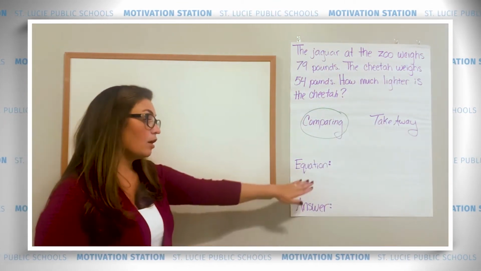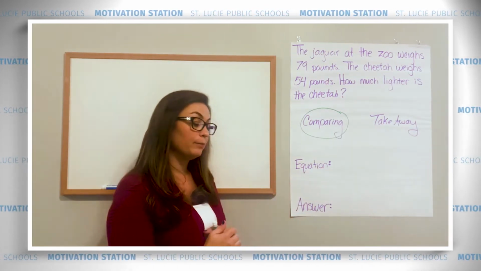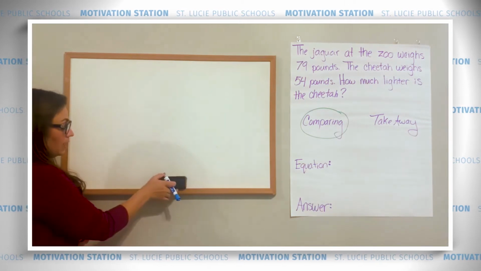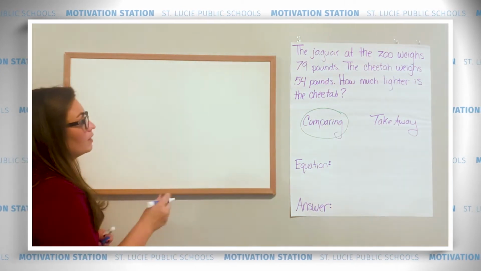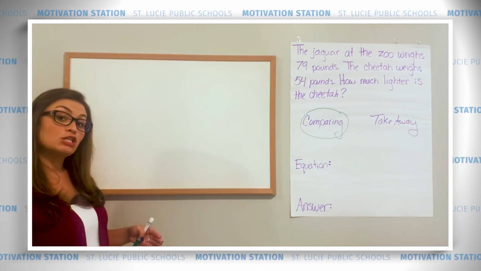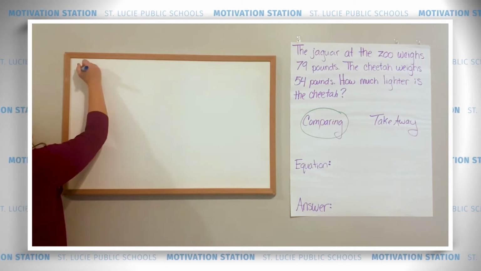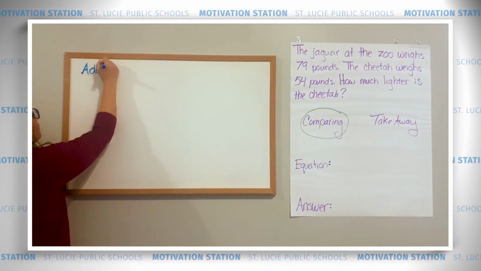Now, our equation depends on how we decide to solve this problem with our open number line. So let's take a look over here. Remember, you can solve all comparing problems with addition or subtraction. Let's solve with addition first.